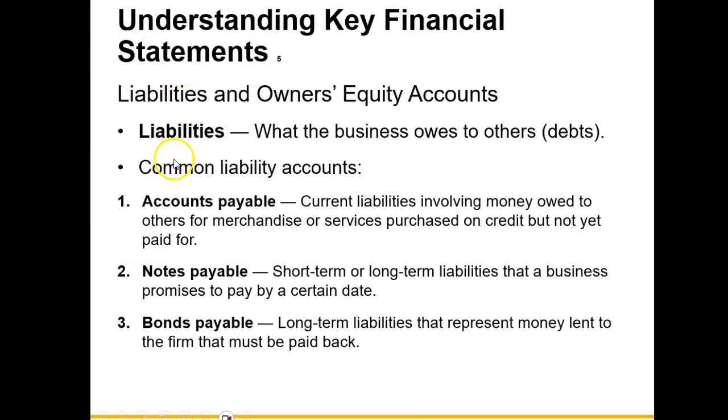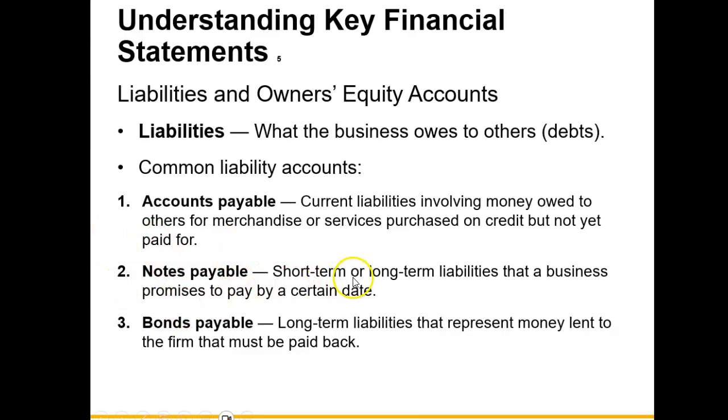Some common types of liability are what we call accounts payable. So when companies owe money to other companies because they may have received a product or a service on credit. On credit means that they haven't paid for it just yet. They may pay for it in 30 days, 45 days, etc. But when it says accounts payable, that means a company owes someone else for a product or service that they received on credit.